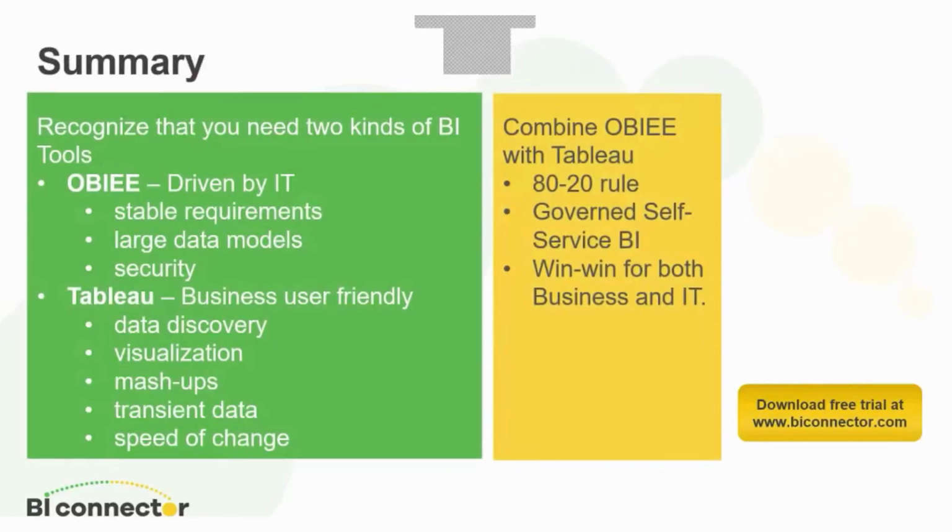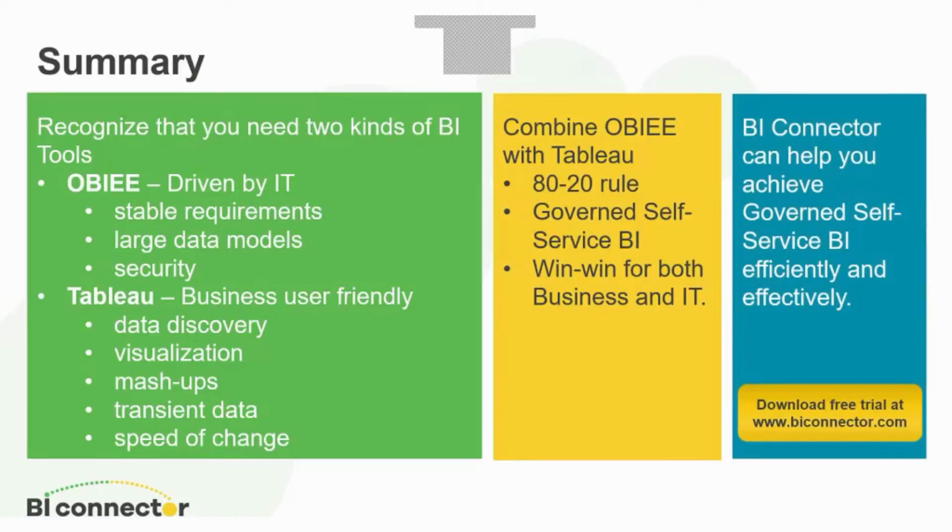So to summarize, it's important to recognize that you need two types of BI tools. OBIEE, which is driven by IT, is very well suited for stable requirements, large data models, and a well-developed security model. Tableau provides the self-service capability, makes it easy to discover new data sources, offers intuitive visualization, and the ability to mash up OBIEE data or other data together and create new models.